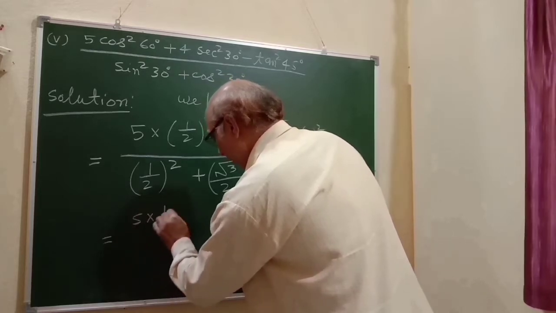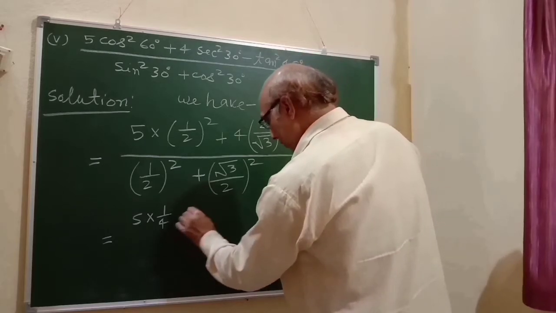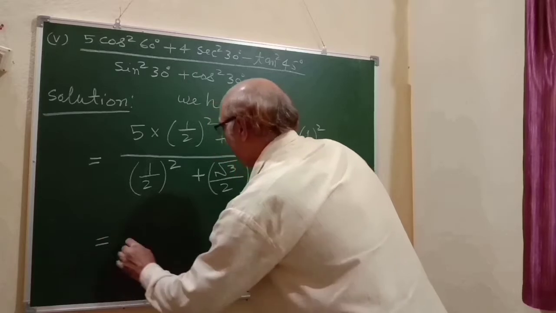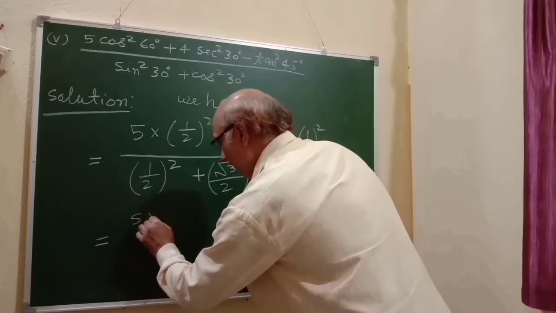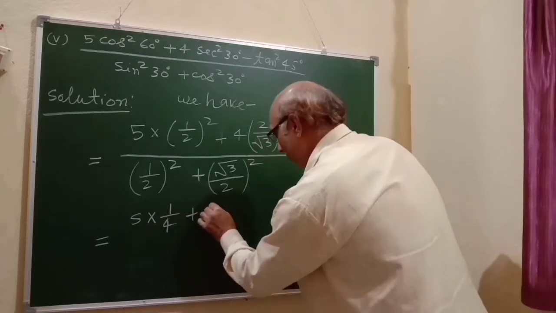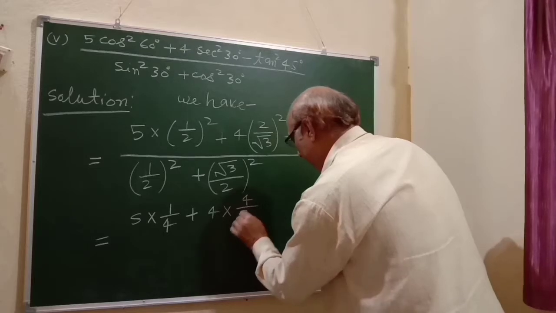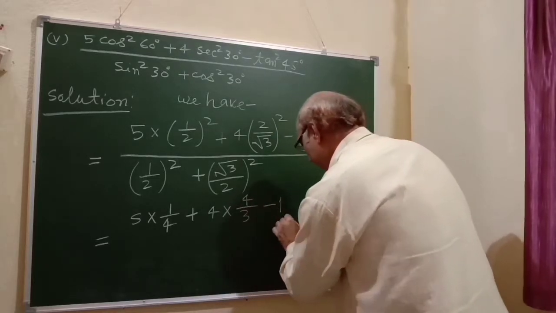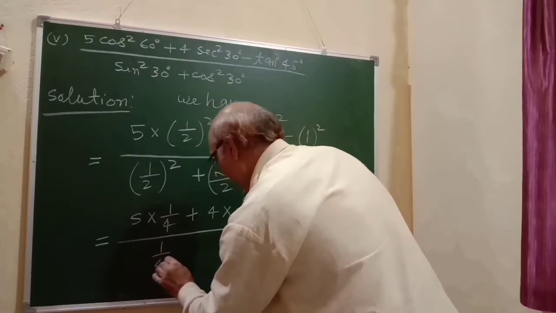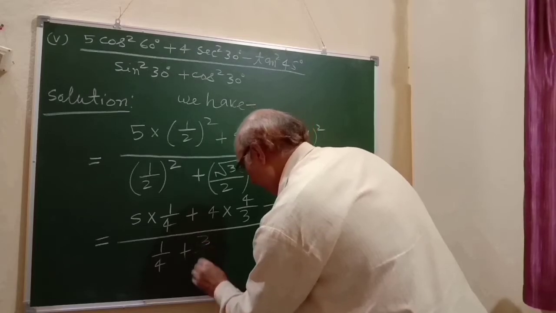And this is equal to 5 into 1 by 4 plus 4 into (4 by 3 minus 1), by (1 by 4 plus 3 by 4).